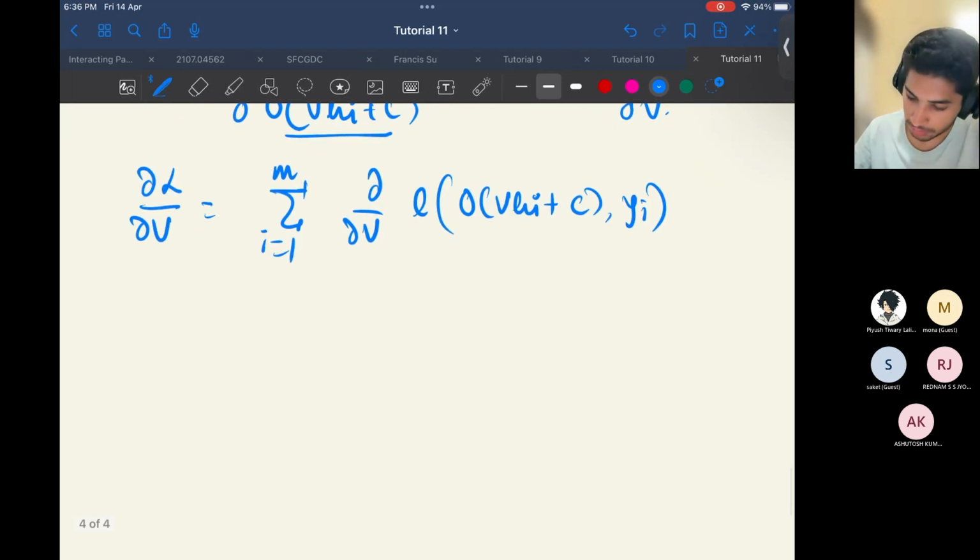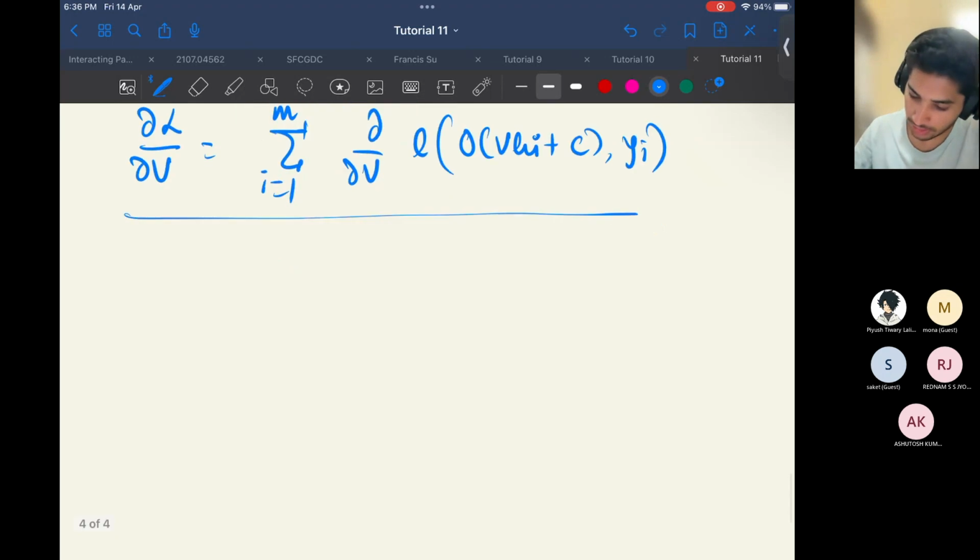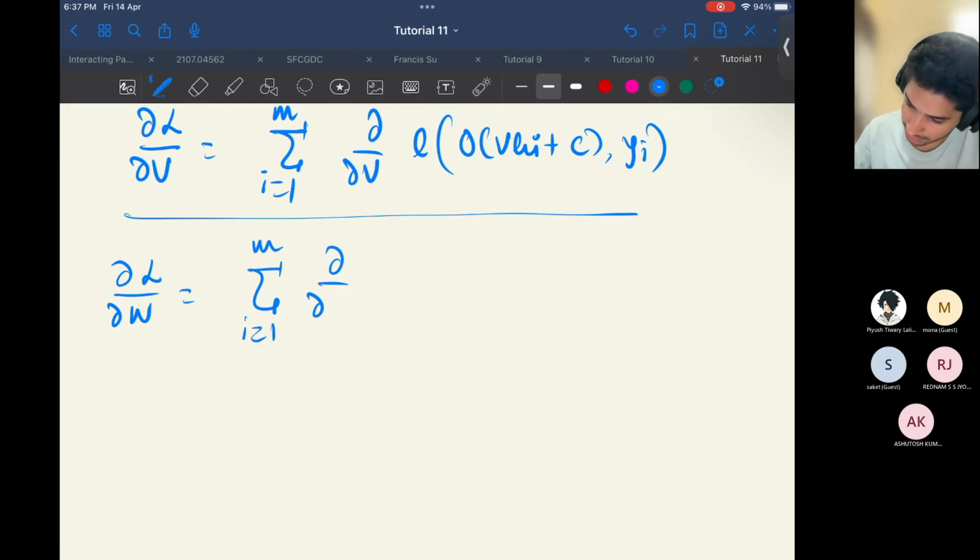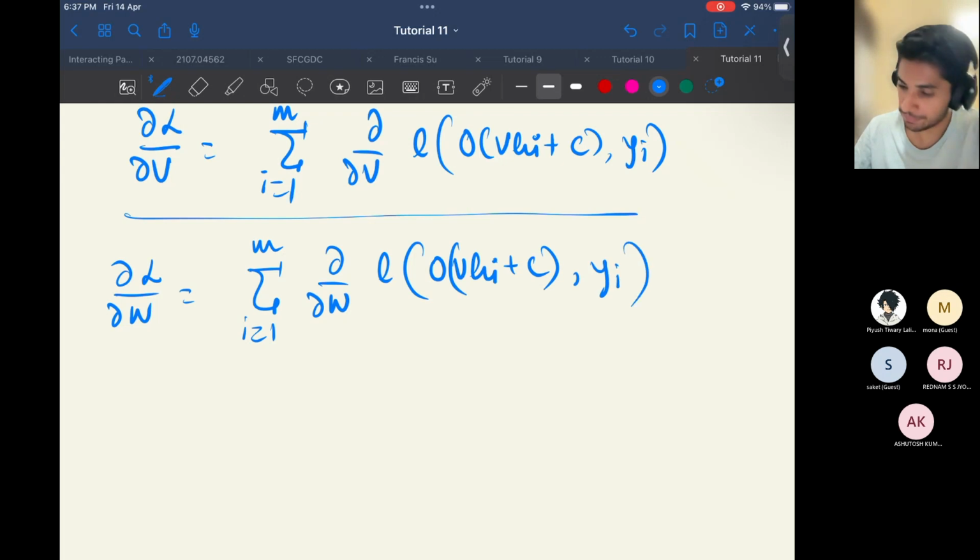By similar analogy, I hope you will agree that del L by del W will be nothing but the summation i equal to 1 to m of del by del W, sorry, del by del W of l of O of V hi plus C, comma yi.